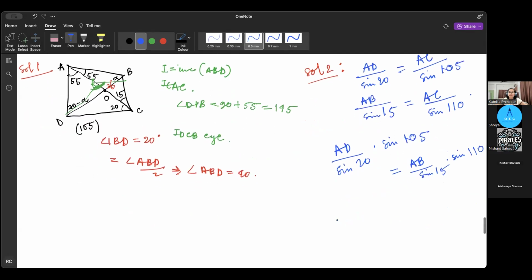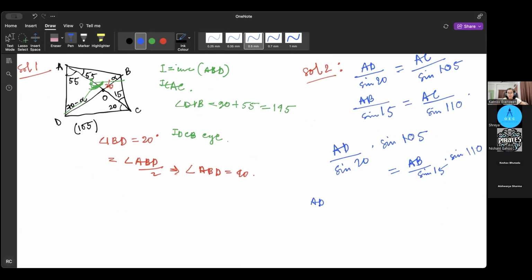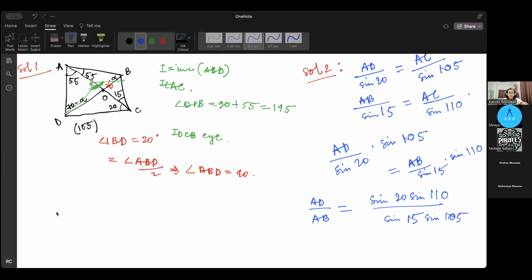So from this, you'll get that AD by AB is sine 20 sine 110 by sine 15 sine 105. Does that make sense? Is that fine?